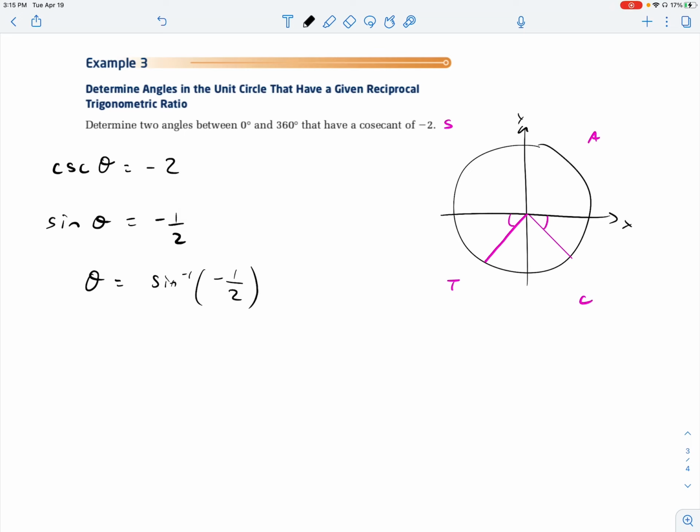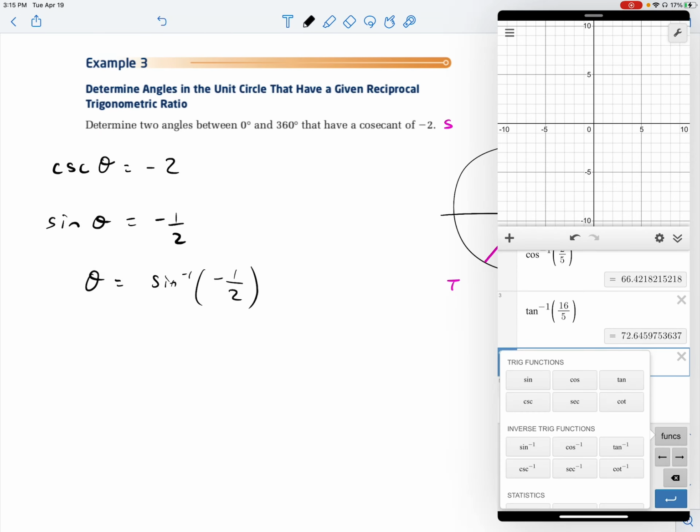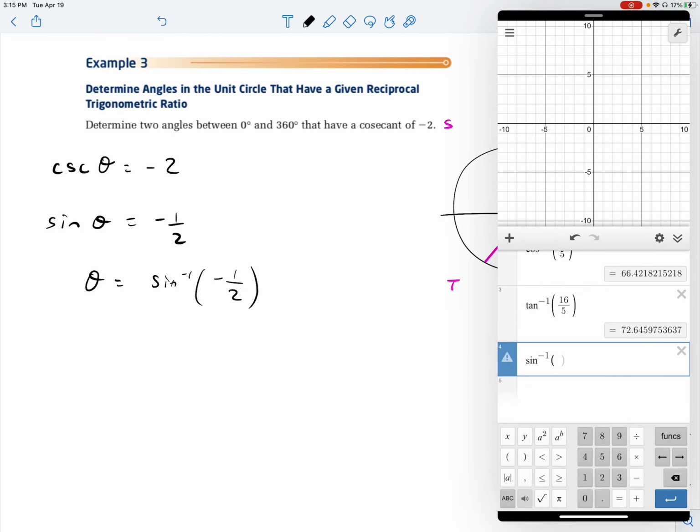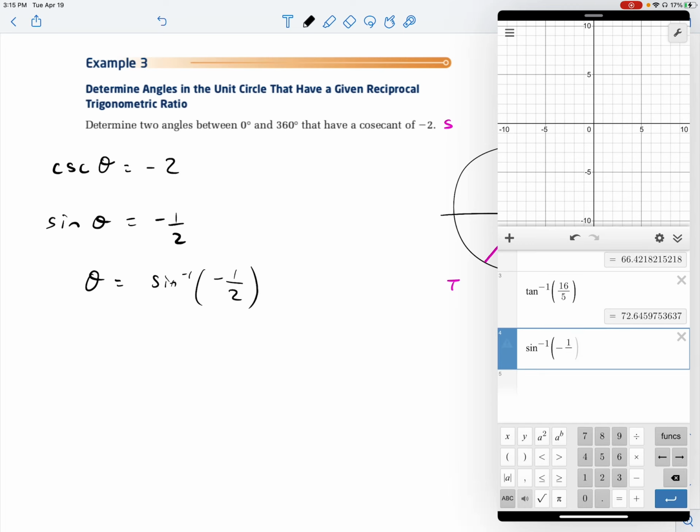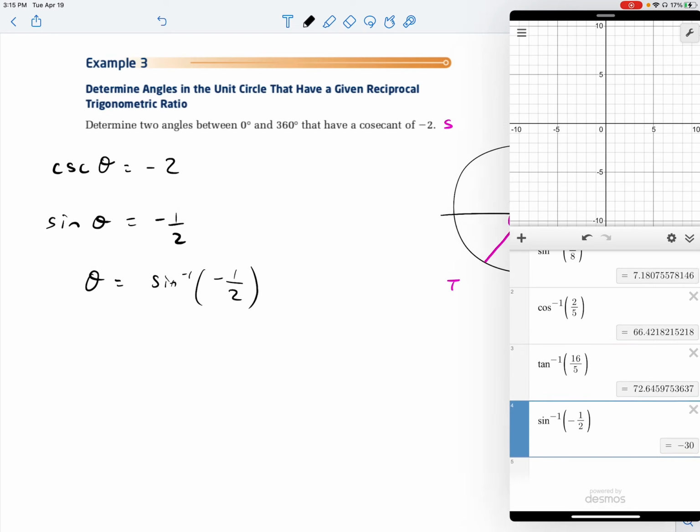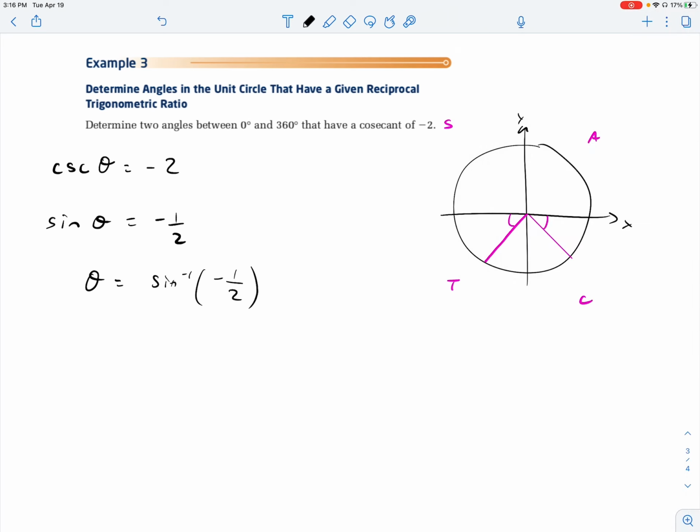Sine inverse of -1/2. It's telling me that I have an angle of -30. So it's giving me one of the answers as a clockwise rotation because it's negative. So I'm going to write theta equals -30.